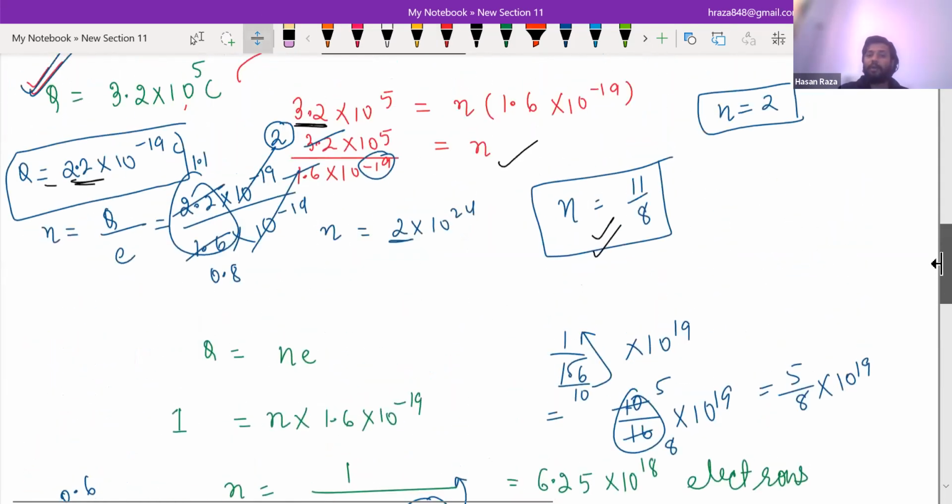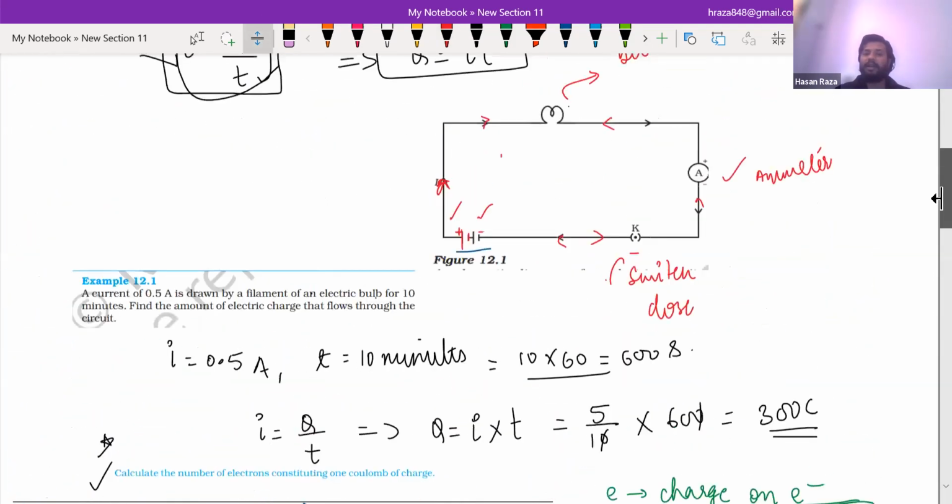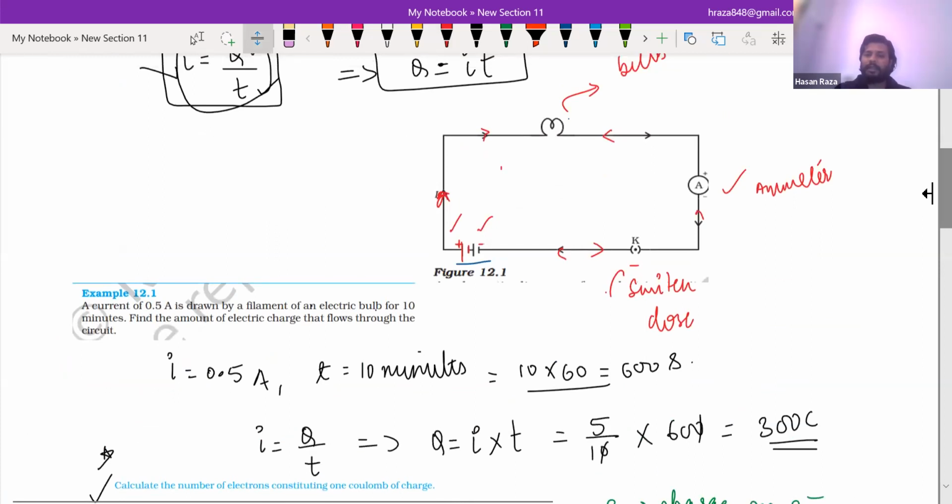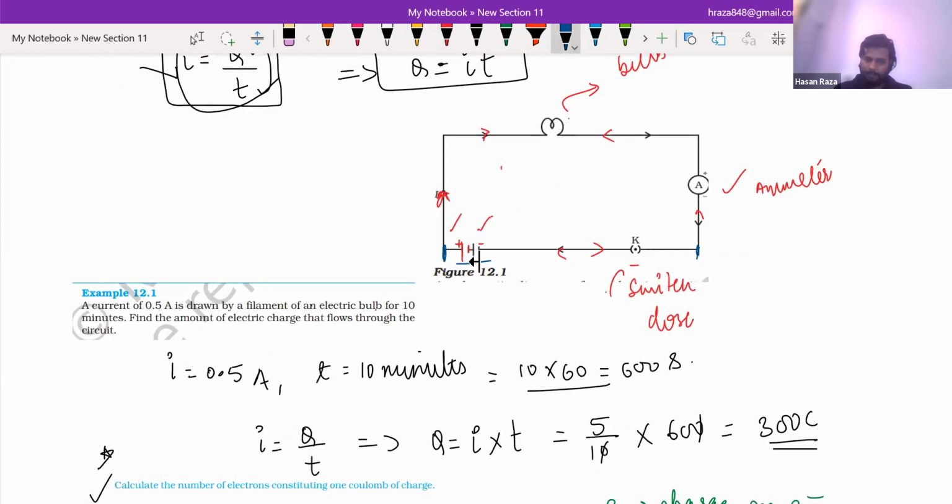It's all because of this potential. You can take these two points as the containers. If they have the same potential, the potential difference will be zero, and hence the current will not flow.